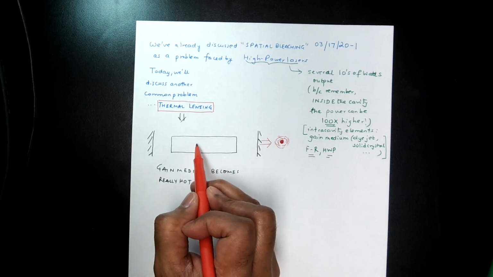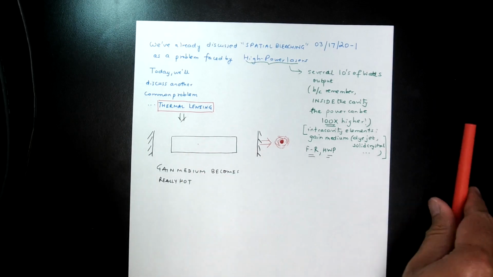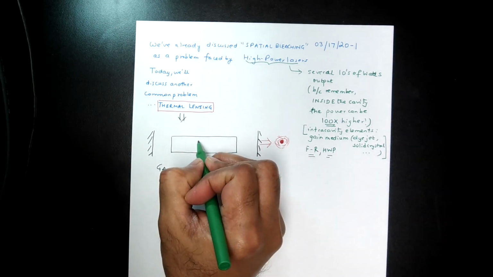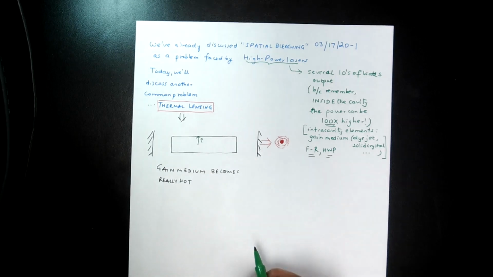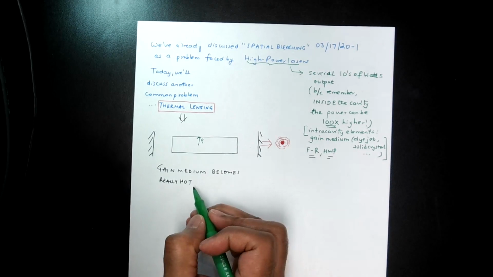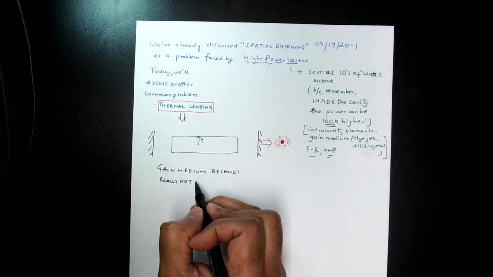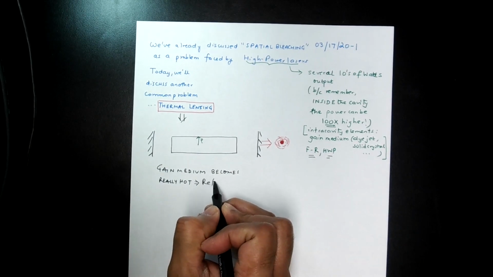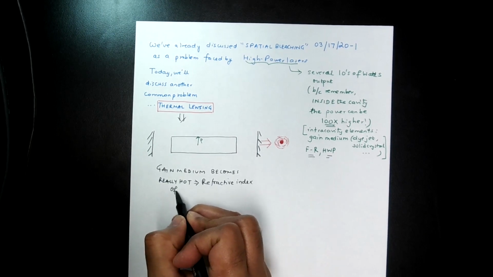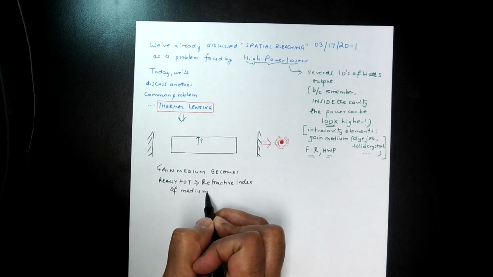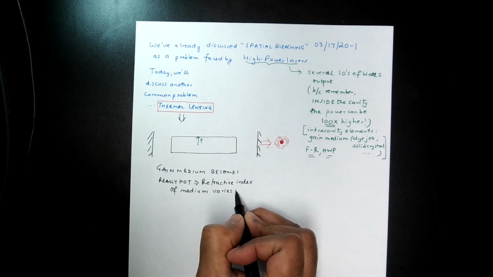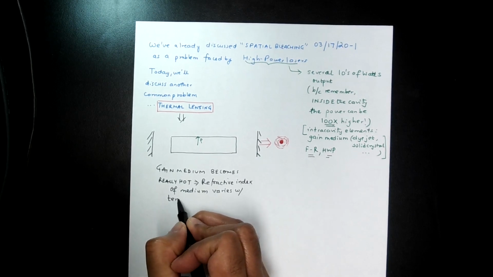So you might have, as you move in the transverse direction, okay, so let's say if you're moving in the transverse direction rho, your refractive index, gain medium, becomes really hot, which implies that the refractive index of the medium varies with temperature.